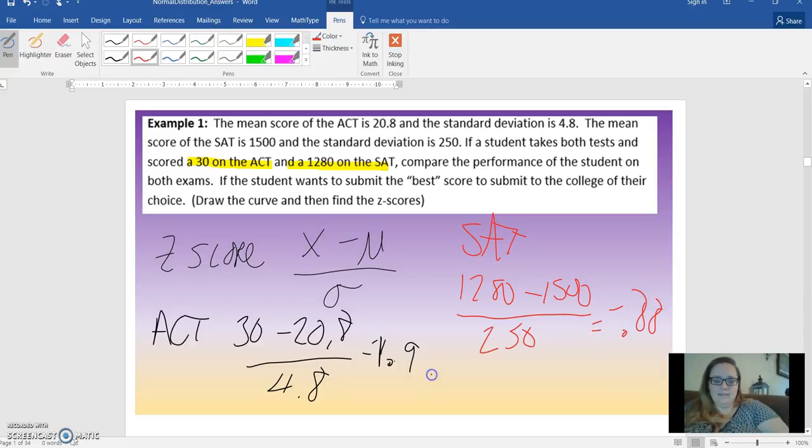This means the ACT score is almost 2 standard deviations above the mean, and the SAT score is almost 1 standard deviation below the mean.